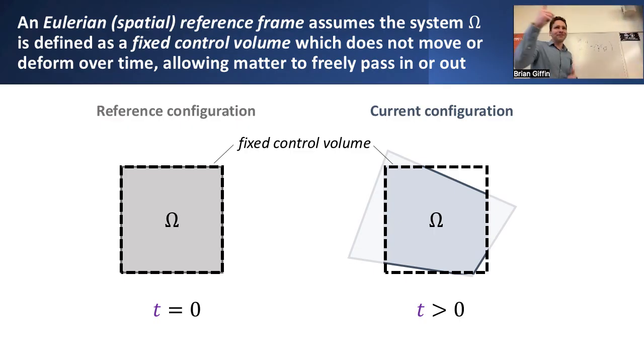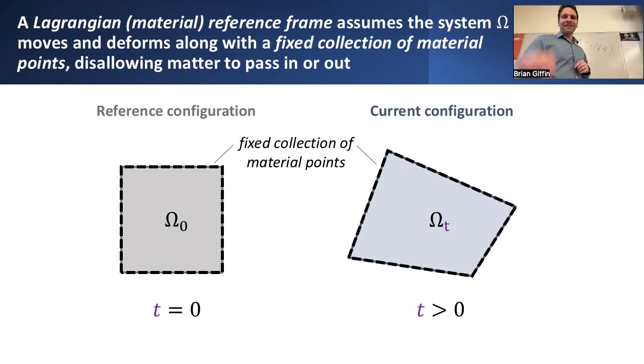That's great for fluid mechanics, but I want to remind you that this course is finite element analysis of solids and structures, which means that this description of defining a system volume in a fixed spatial reference frame, in an Eulerian perspective, doesn't really work for us. We'd like a slightly different perspective, and that alternative is obtained precisely by choosing to define our system volume such that it can deform over time and move along with the deformation of some collection of fixed material points.